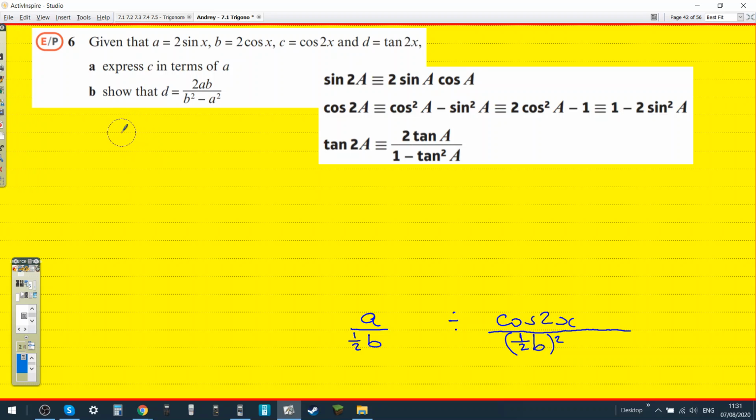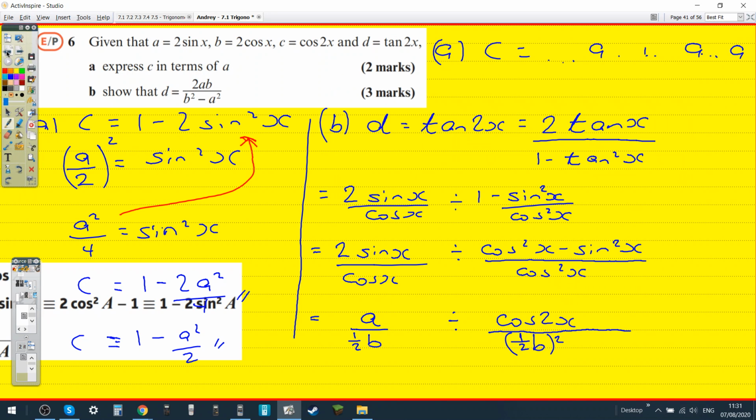So cos 2x is c. Cos 2x is the same as c. And I'll give you the benefit of the doubt because you don't have the part A. What did we say c was equal to?